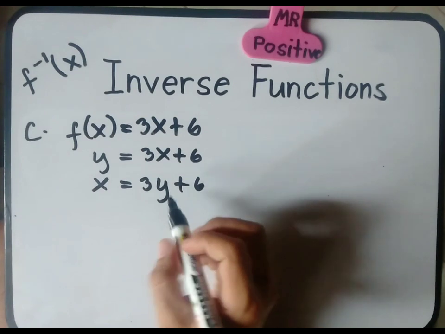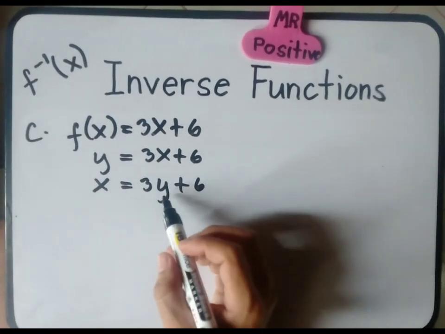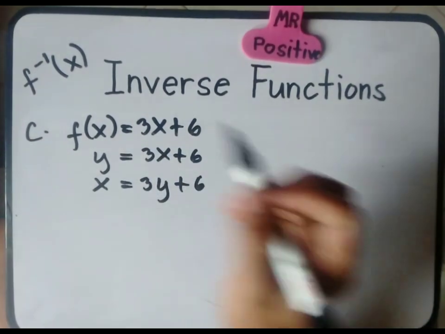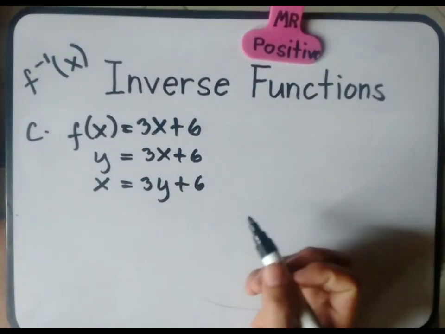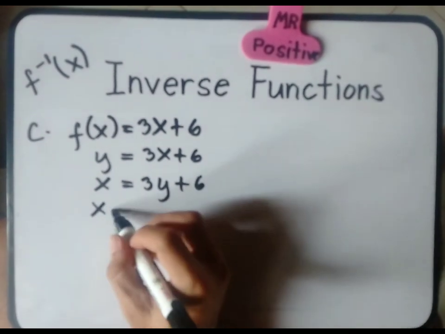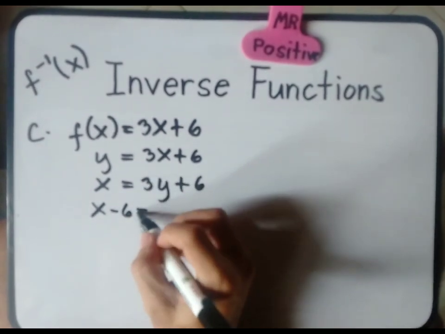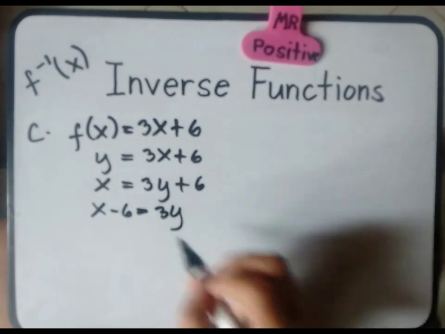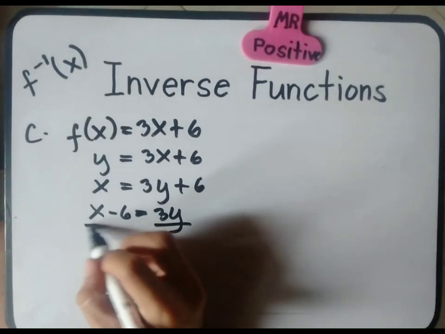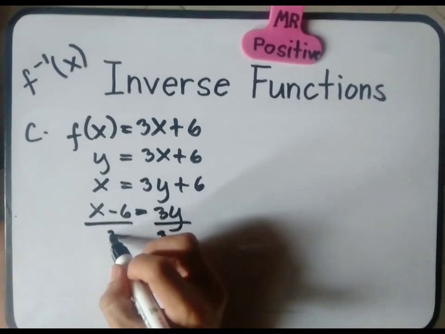Okay, solve for y. To solve for y, you need to transpose 6 to the left side. So we have x, the positive becomes -6, then equals 3y. And then to solve for y, just divide both sides by 3.